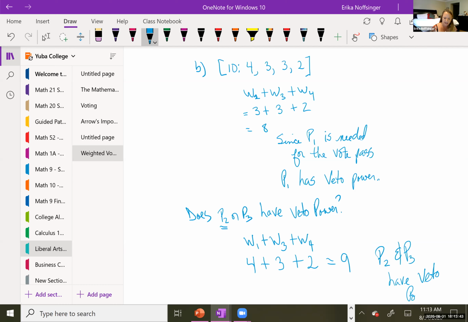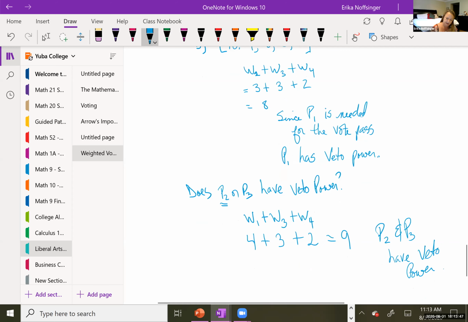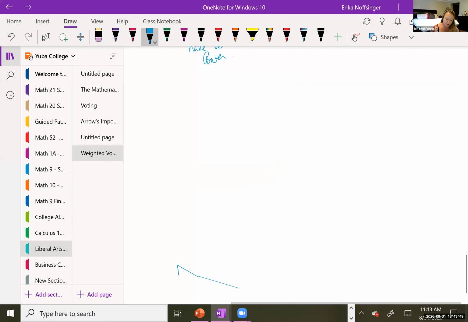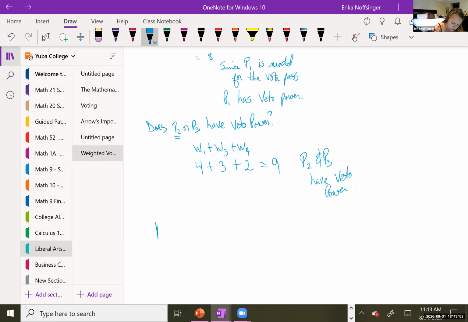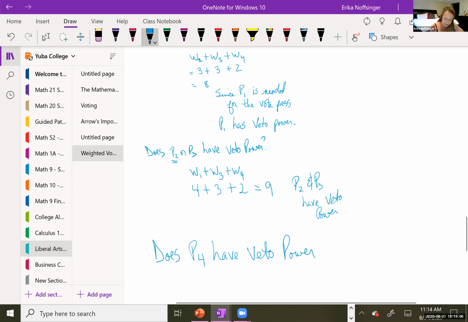Okay, let's look at player 4. Does player 4 have veto power? They would have veto power if everybody voted except for them.